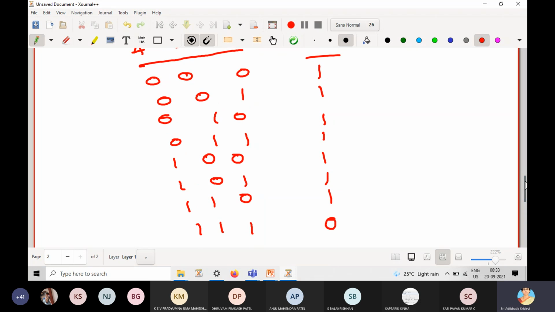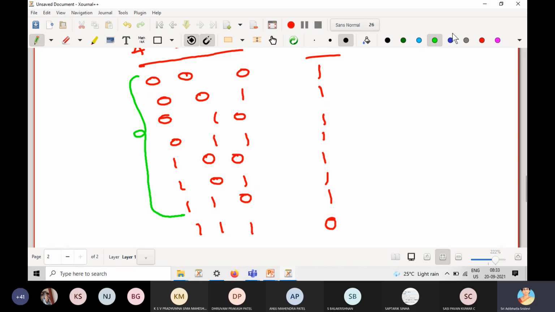So in this case, what are the inputs that can make your circuit output rise? There are many inputs, right? All these can make the output rise.